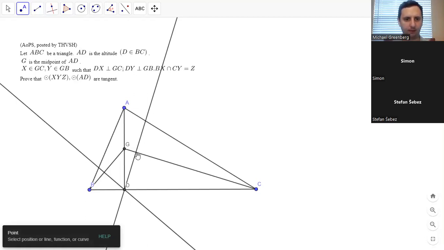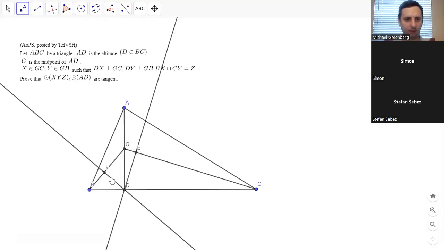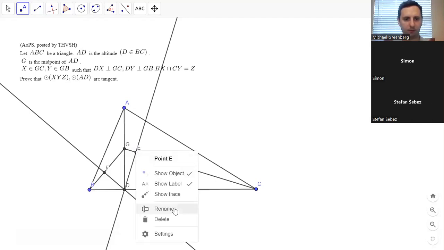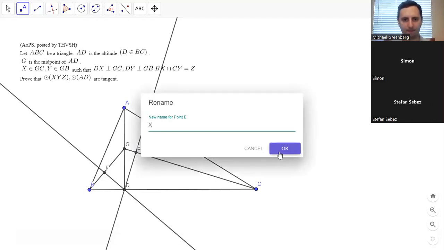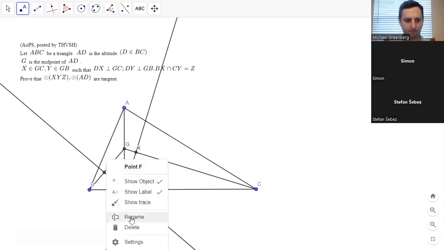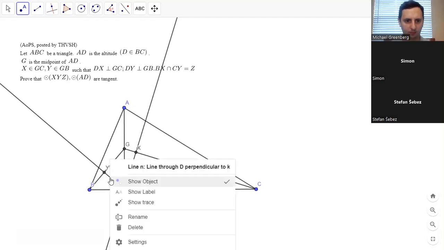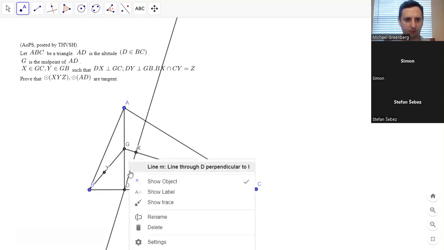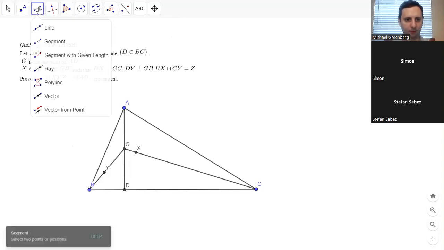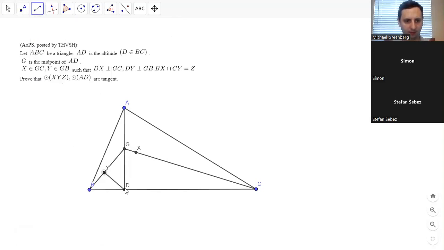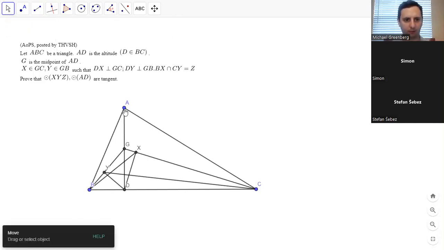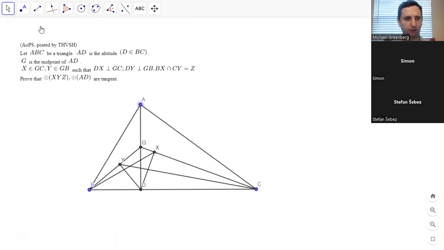And BX intersects CY at Z. So this is X, and this is Y. Hide those so that we just see the segment. So we have this, and then BX intersects CY at Z. Let's make this look a little nicer. So that's point Z right there.